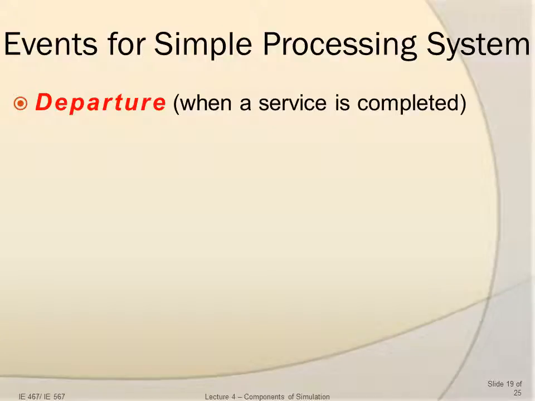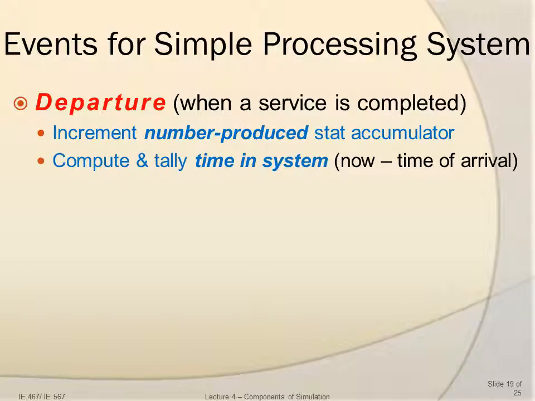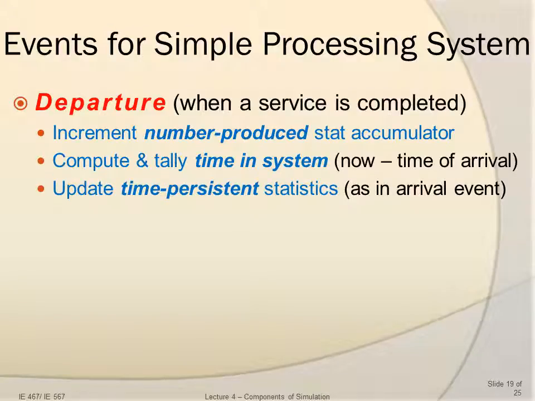Another important event for our example is departure. Departure is when service is completed. So at that time, we need to increment the number produced statistical accumulator. We need to compute and tally time in the system, or cycle time. And we need to update time-persistent statistics, just as in an arrival event.